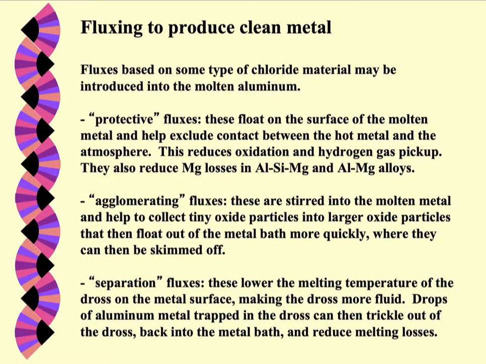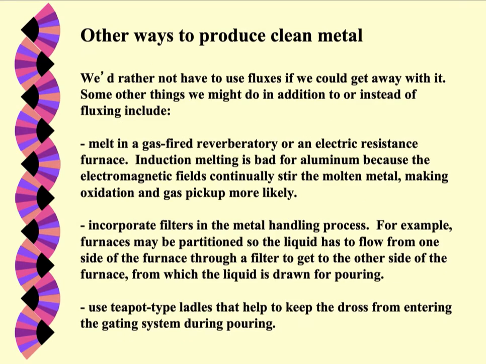We don't do that on our side, but someone has to. Otherwise, the dross that you scoop off, you send back to the company that makes the aluminum, and they can recycle that. There's a fair amount of aluminum in it. So we're mostly going to use the agglomeration type.